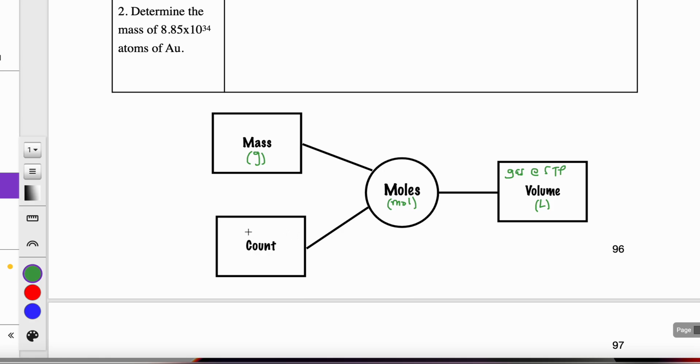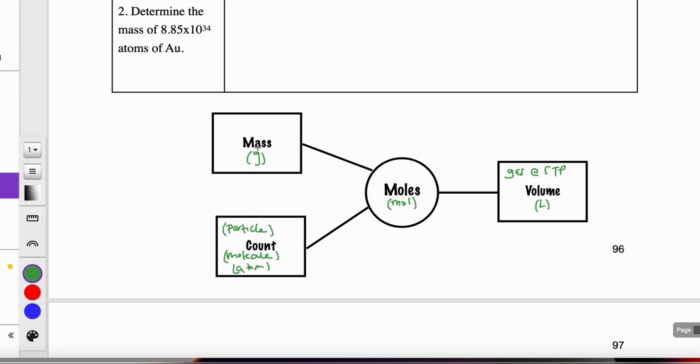And then lastly, we have the count. For the count, we might see a number labeled with particle, molecule, or atom. So those would be the quantity or the units to understand we're starting in a count.